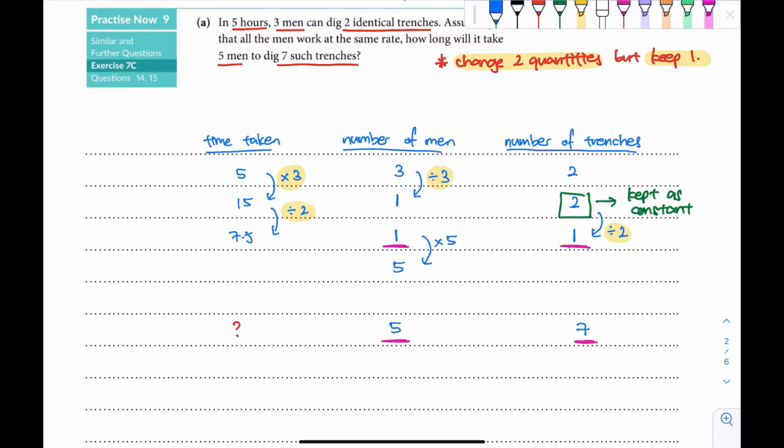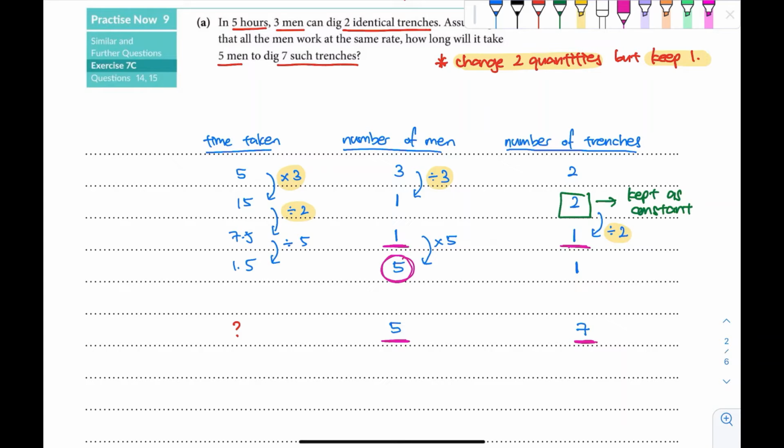With more men, I will take lesser time. So therefore, I will take 7.5 divided by 5 and I will get 1.5. Since I've already changed 2 quantities, I keep the trenches as a constant, which is 1. So now I have met the objective of 5 already.